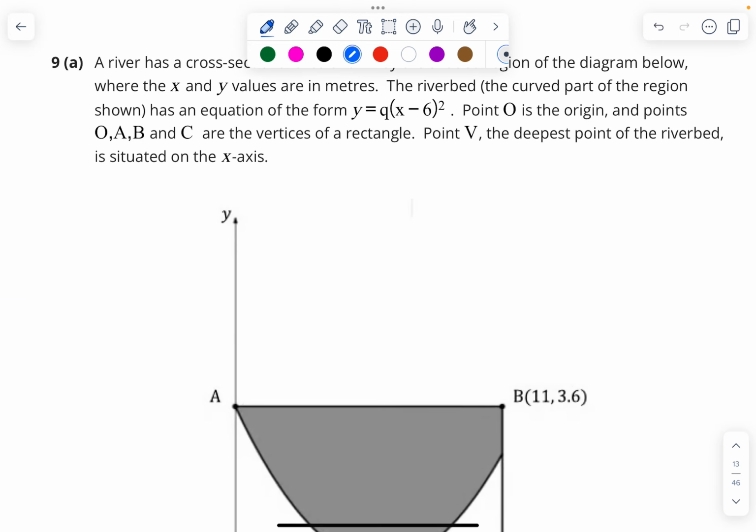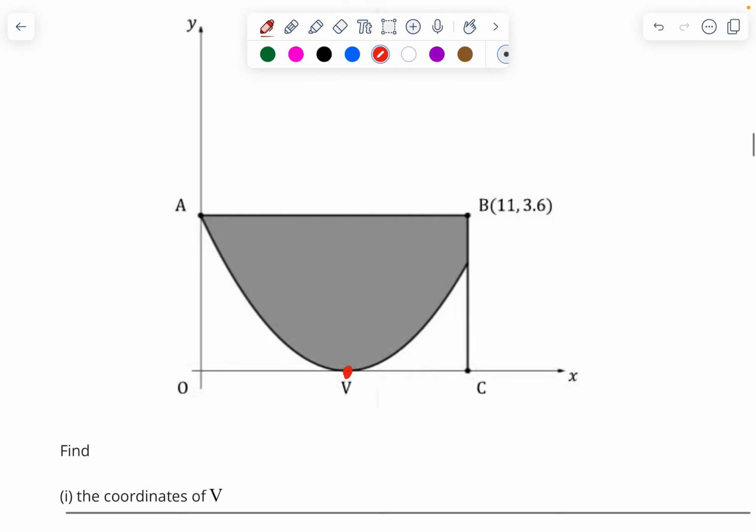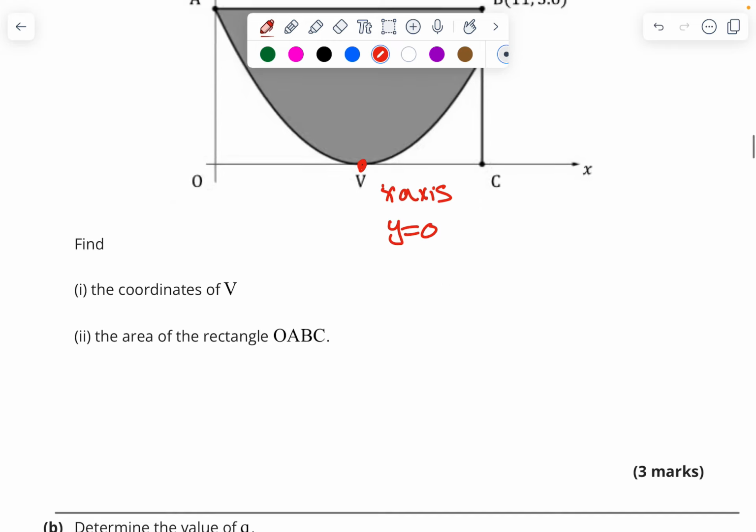Question number 9. A river has a cross section area and it is formed by this equation. What is being asked? Find the coordinates of the V. We can see that V means it is intersecting x-axis. X-axis means y equals to 0.